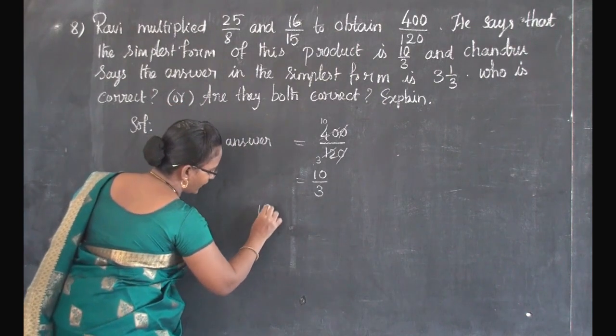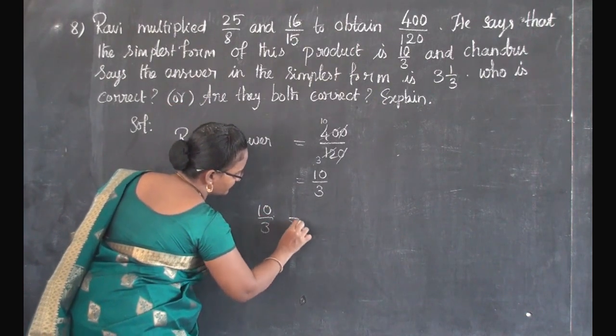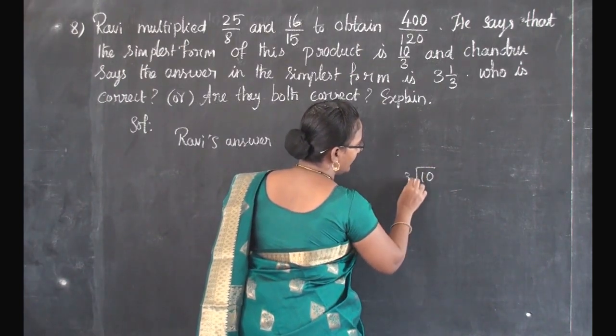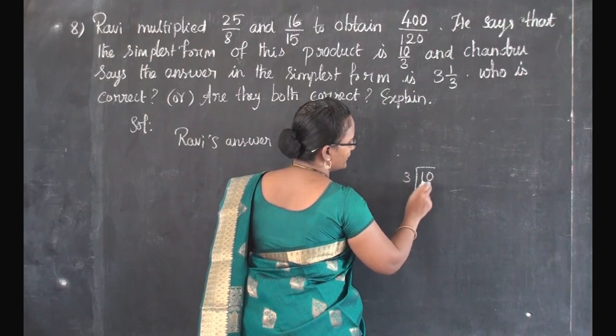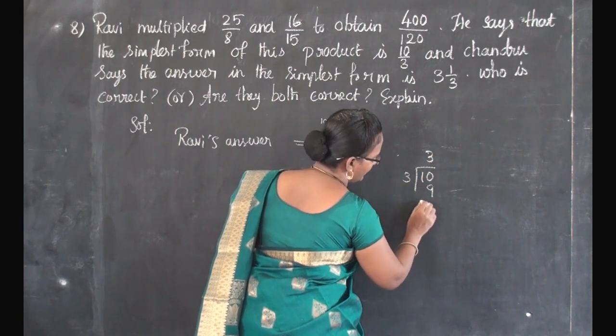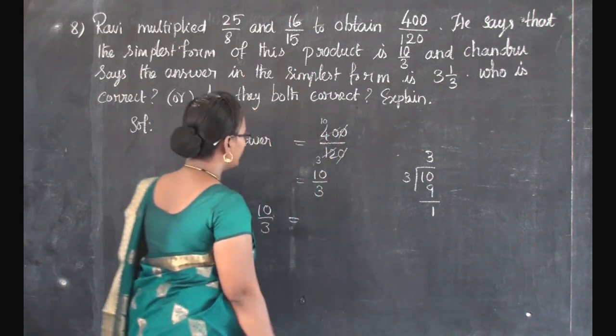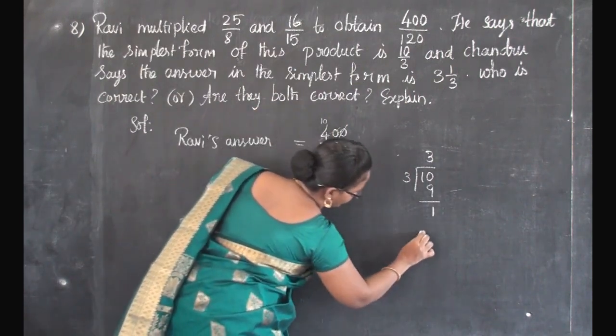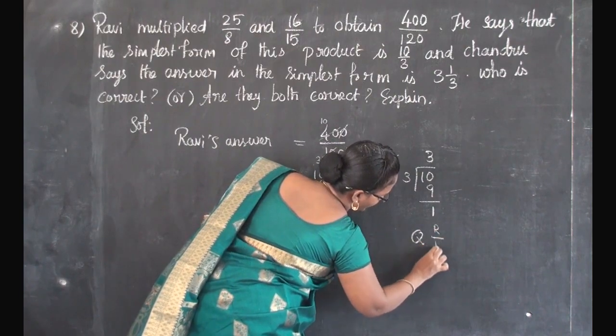Now 10 by 3 is equal to, listen, divide 10 by 3. How many 3s are there in 10? 3 3s are 9. We get 1 as balance. So quotient remainder by divisor.